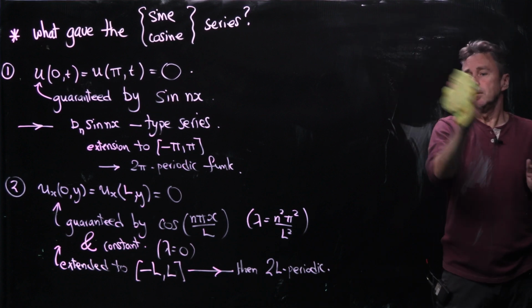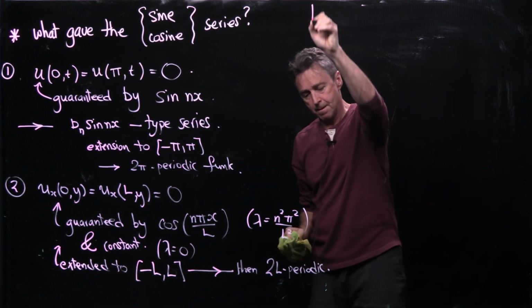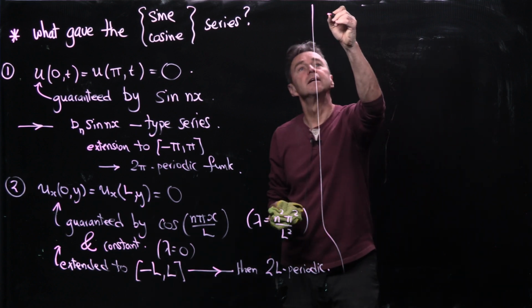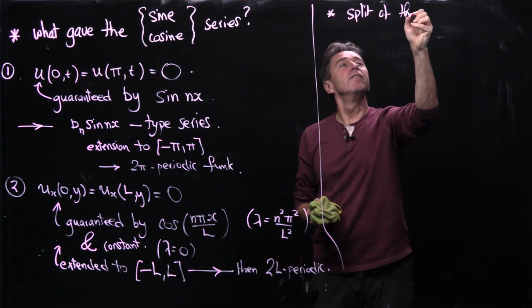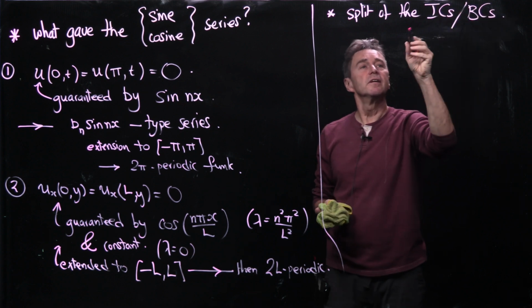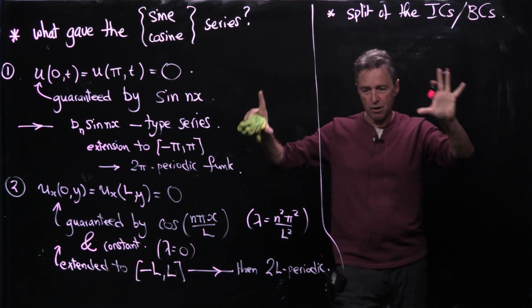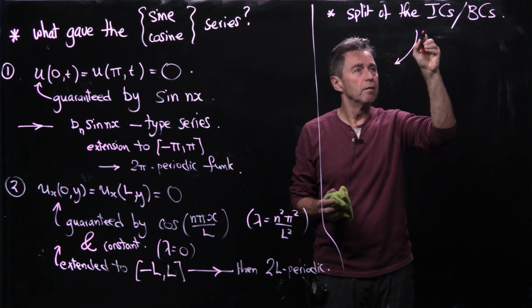Now, let's just think about one other feature, which is the split of the initial conditions and boundary conditions. In general, in all of these problems, there's a split that has to be made.